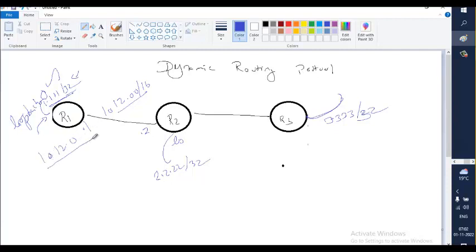So instead of writing this big number, I'm just writing the network here, .1. Network here, .2. Likewise here, 10.23.0.0/16, .2, .3. Right.